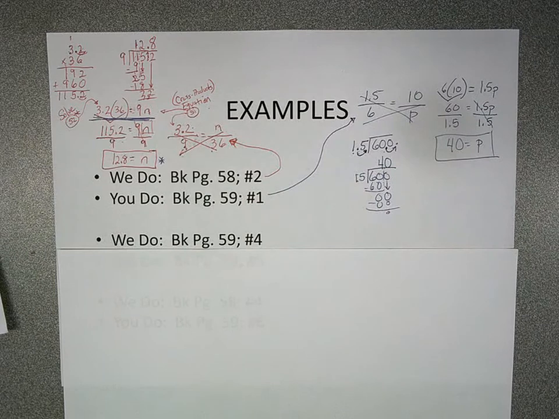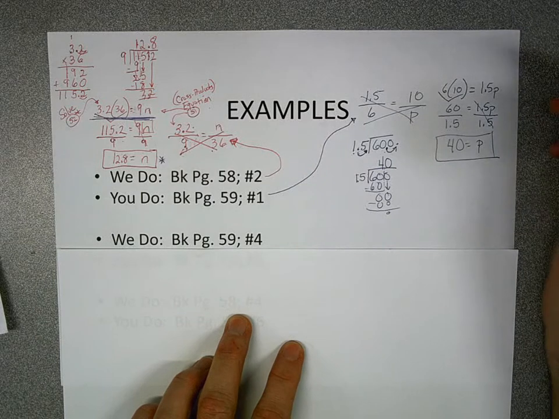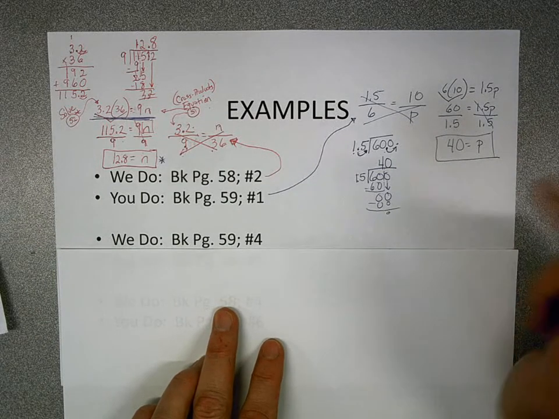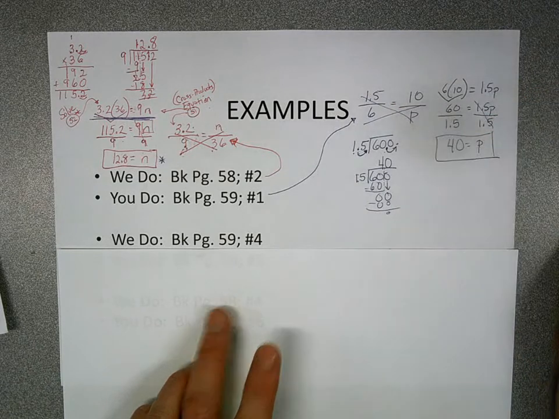It says write and solve by using a proportion. So guys, here's what all this is. All this is a word problem to one of these. That's all it is. So I'm going to show you how to take a word problem and convert it basically to a proportion. And then from there, solve it just like we did here.